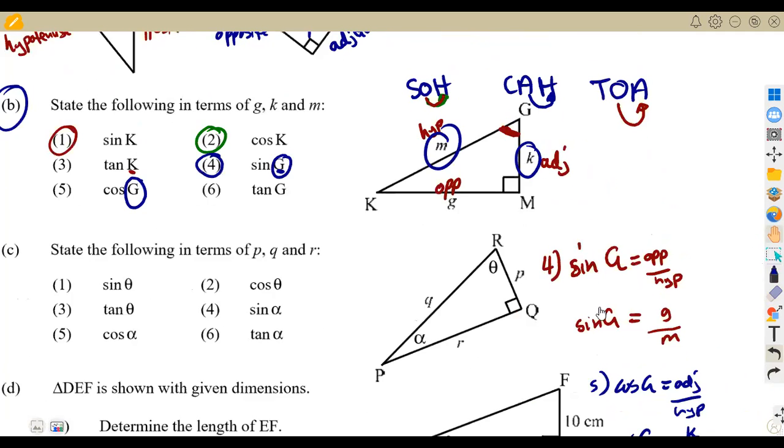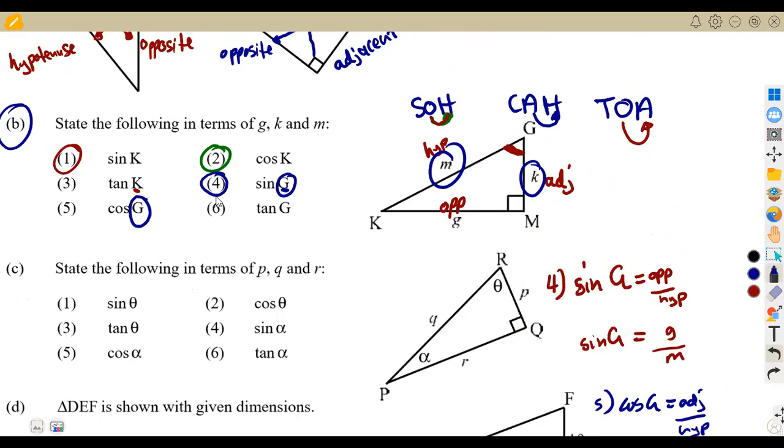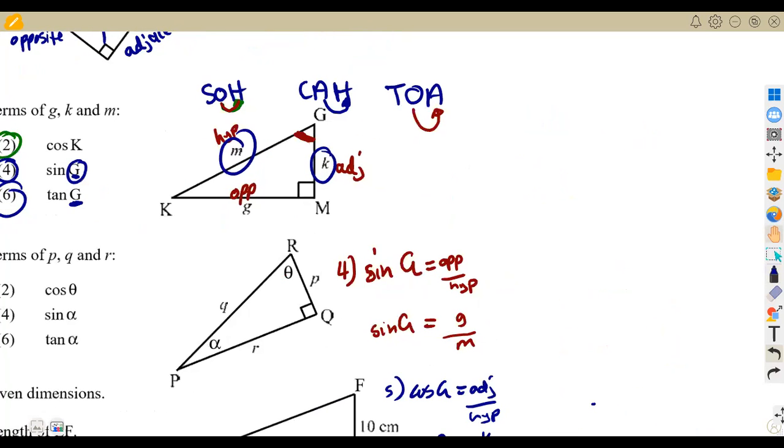And the last question that we have on this is the tan of G. As we can see, we've got our ratio, and we're just going to apply our ratio in this case, right? That is 6. So we're going to have the tan of G from which concept? Tan is opposite over the adjacent.